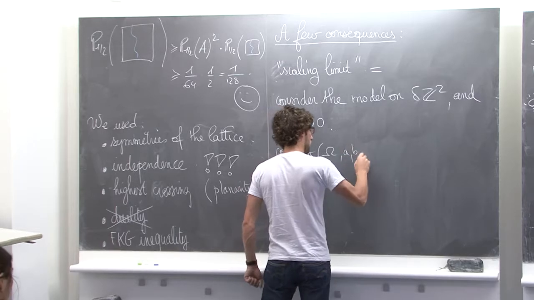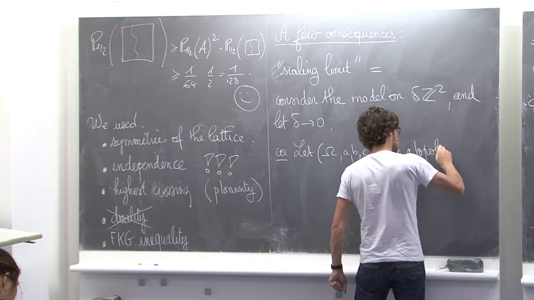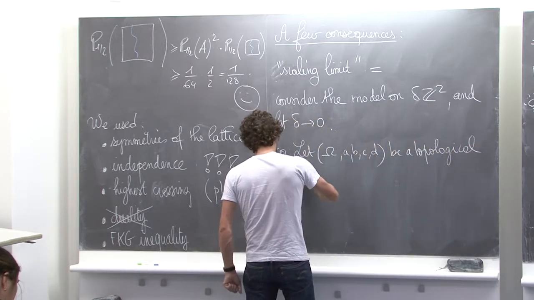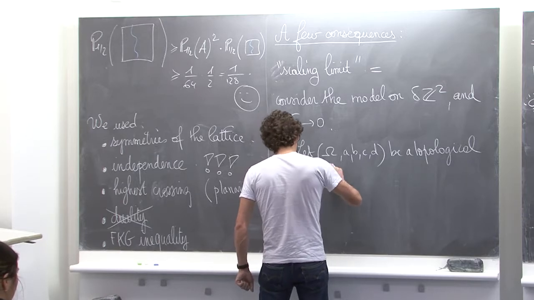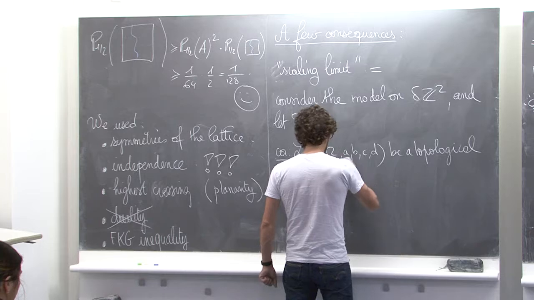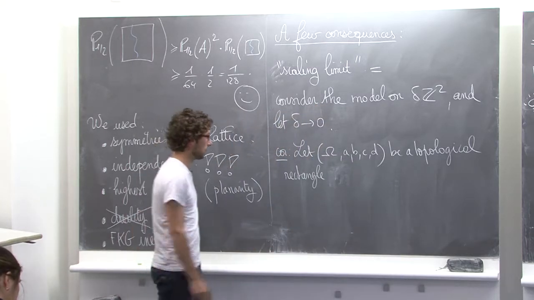omega A, B, C, D be a topological rectangle. I'm going to tell you what this is. And we assume it's a real topological rectangle.